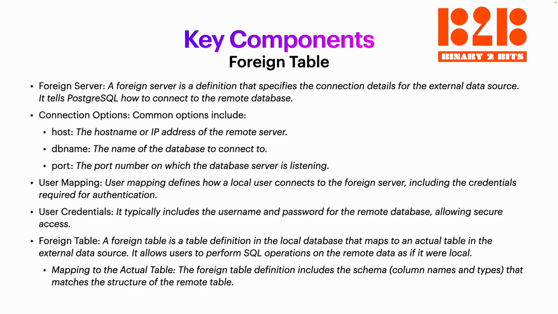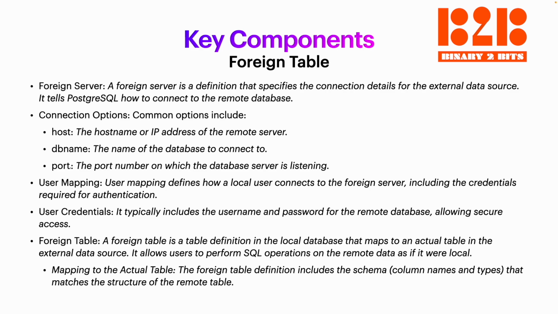User mapping: we also need to map the user so the PostgreSQL database can access that source. We need to give the user credentials. Then foreign tables we need to define in our local database, which is a PostgreSQL database, to map the actual table in the external data source.